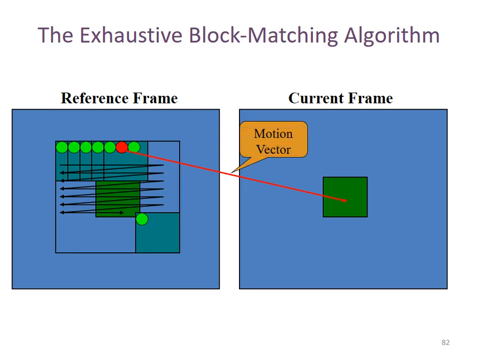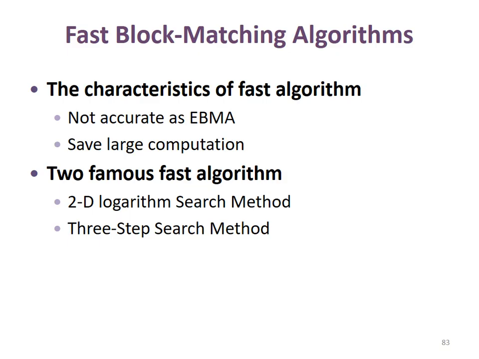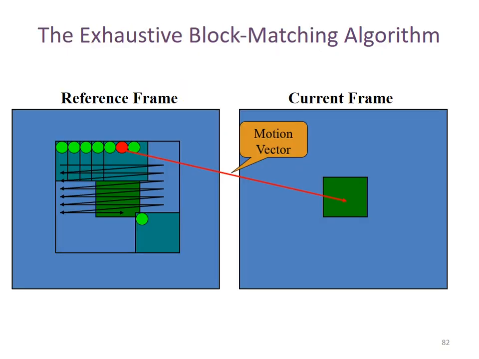Then we can calculate the motion vector, because for this microblock we have its coordinates, and we also have the coordinates of the current block. So if we subtract the coordinates, we get the motion vector. Okay, so this is the exhaustive search. No tricks, just compare all possible microblocks one by one and get the minimal one.